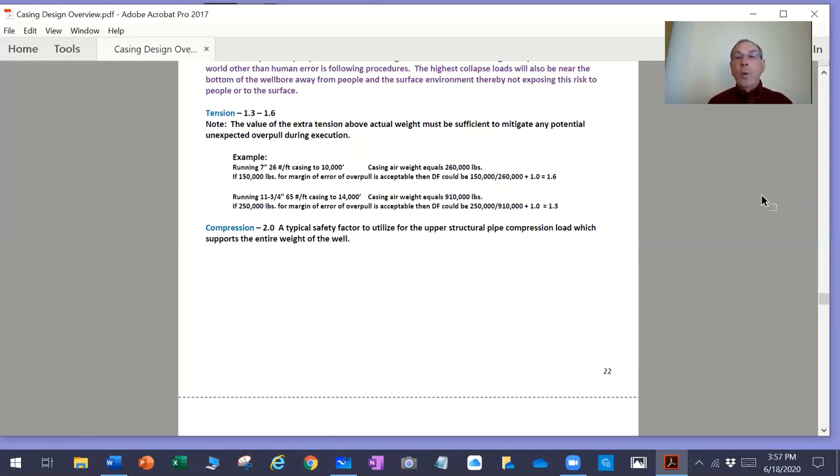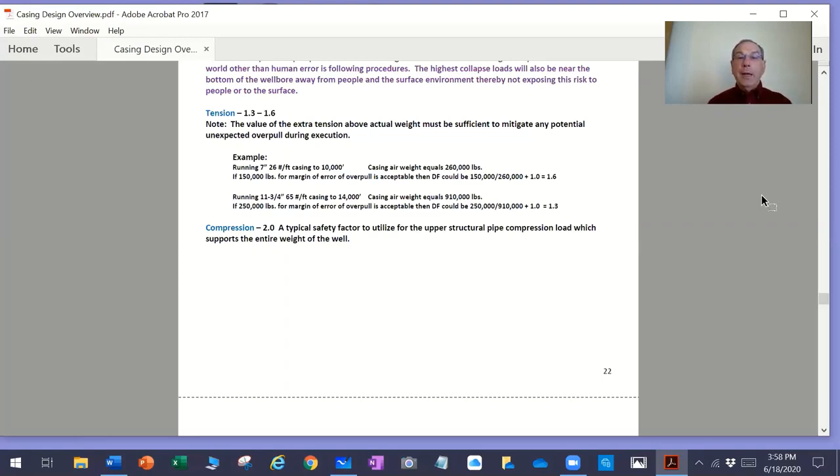If we wanted, just for safety, to make sure the driller doesn't make some mistake, and we wanted 150,000 pounds margin of error in overpull, then the design factor would be 150,000 divided by our air weight, 260,000 pounds, plus what I call the factor of 1. So we would need a 1.6 safety factor for that application. We would be designing in 150,000 pounds overpull.